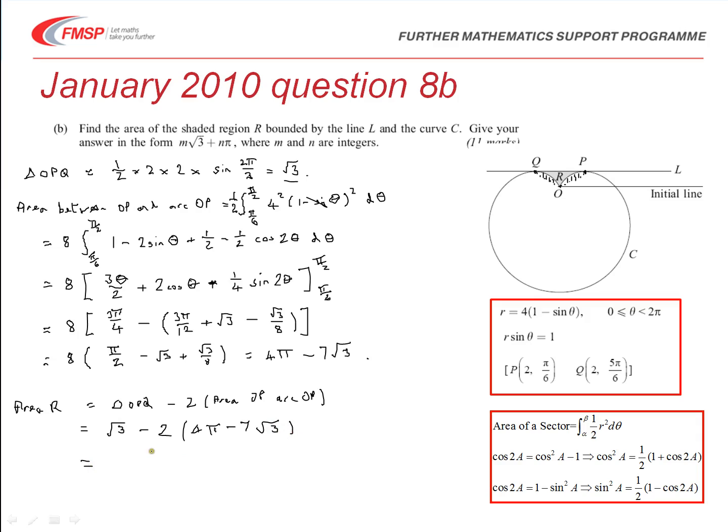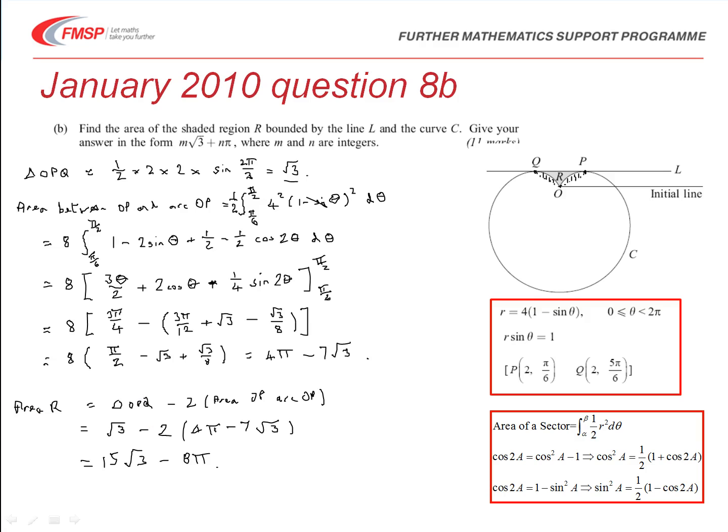So we can see if we collect the root 3's together, we've got minus 2 times minus 7 root 3, so that's 14 root 3 plus the other one gives us 15 root 3. And then minus 2 times a 4 pi gives us minus 8 pi. Question sorted.